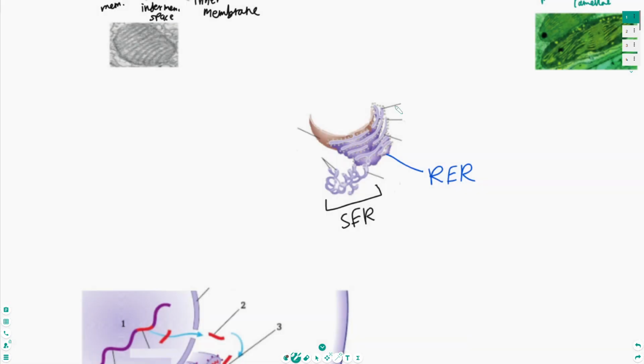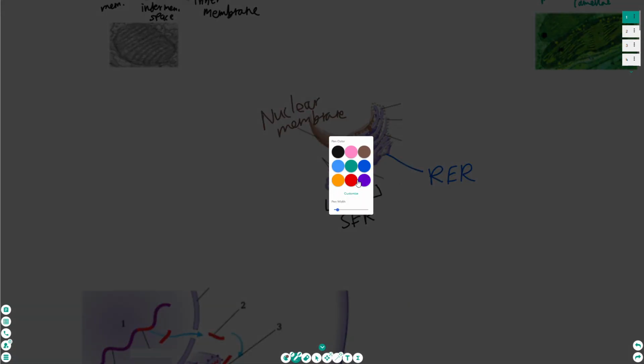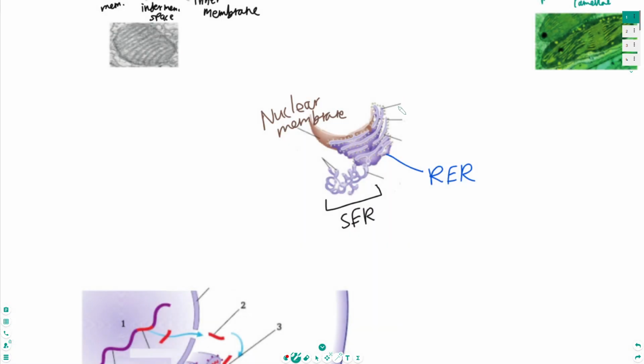And then here we have the nuclear membrane. So this is the nuclear membrane. And then attached to it is the rough ER. And then attached to the rough ER, as we said before, are our little units called ribosomes.